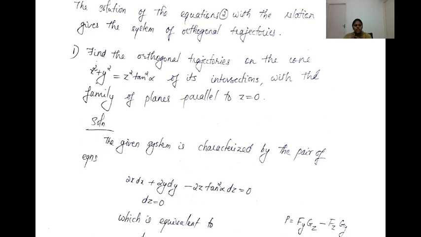So here we will see an example. It is the same example we saw first. You are given a cone x square plus y square equal to z square tan square alpha, and you are given z equal to 0.